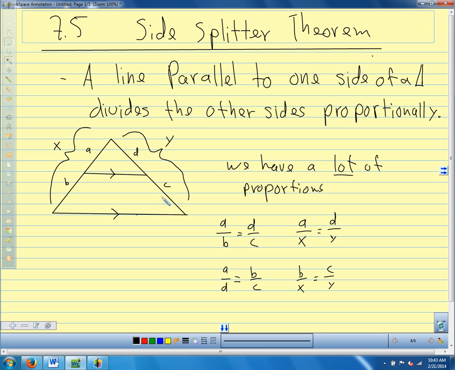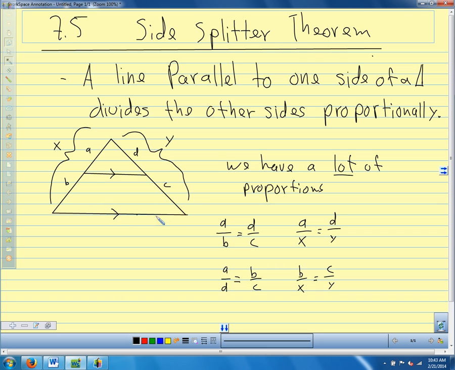These two lengths were equal. So those are our proportions there. And you remember how the mid-segment compared to the base? How many times bigger was the base than the mid-segment? 2 times. So we get those proportions from the mid-segment. So the mid-segment is kind of a special case of the side splitters, where proportions turn out really nice and even.